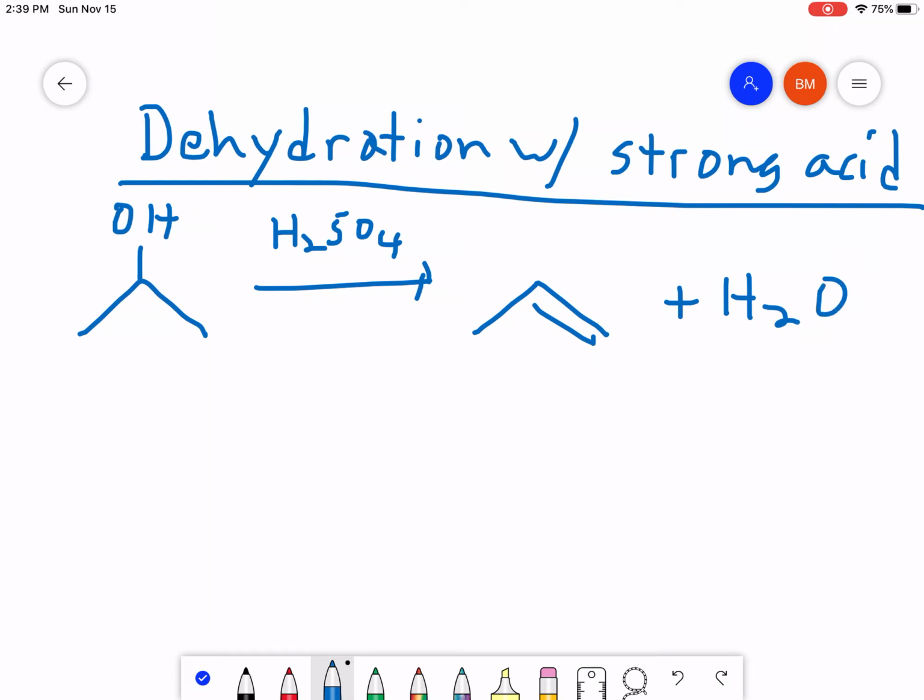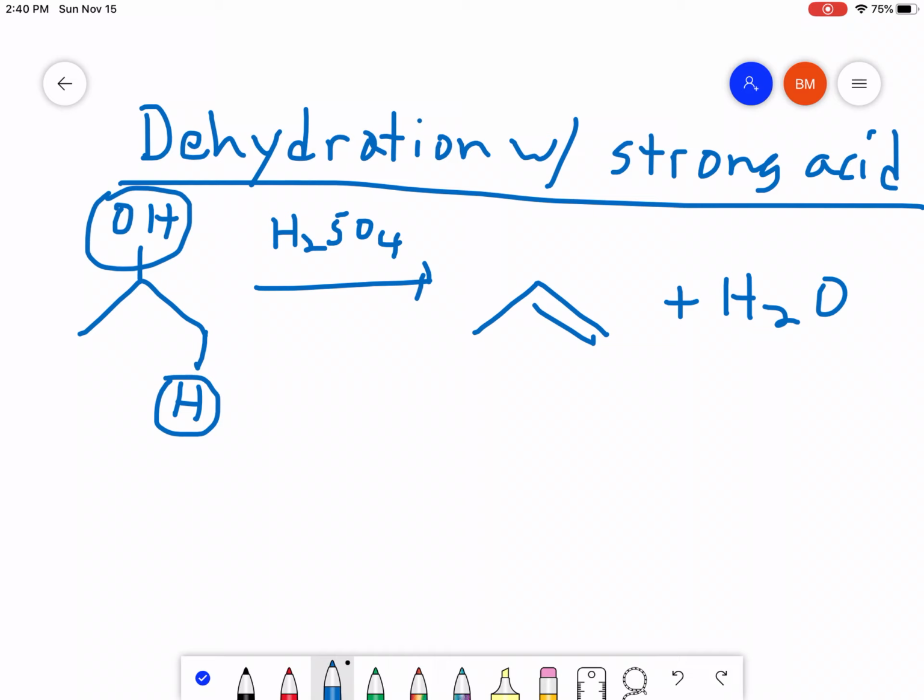And if you look at what is given up by the alcohol, basically what happens here is that one carbon loses an OH minus, and another carbon loses a beta hydrogen. Remember how we said in elimination reactions in Chapter 8, the carbon with the Cl or the Br or whatever, that was the alpha carbon.